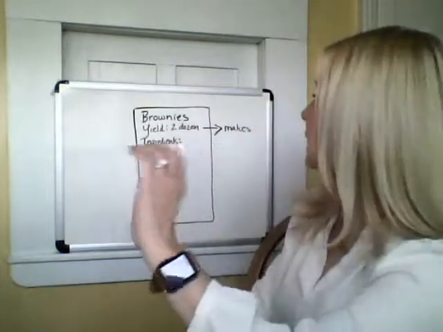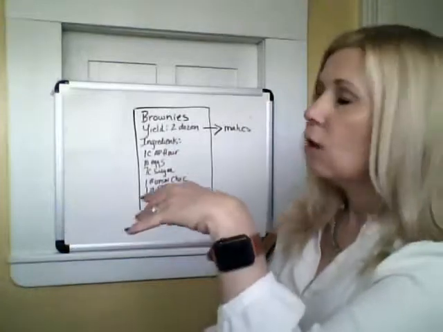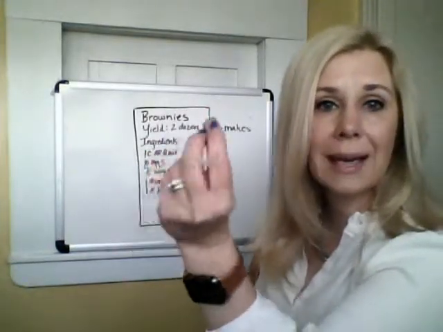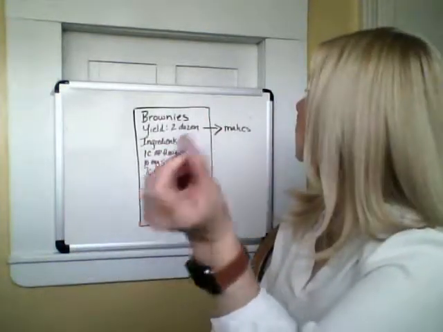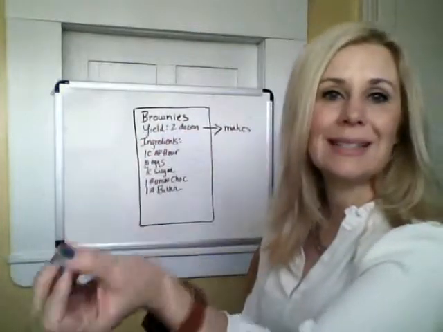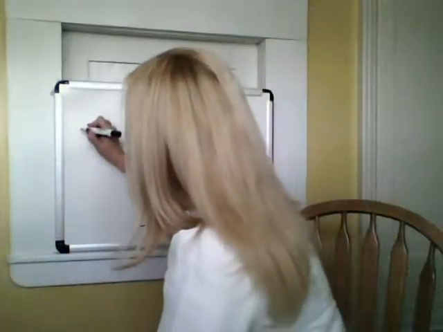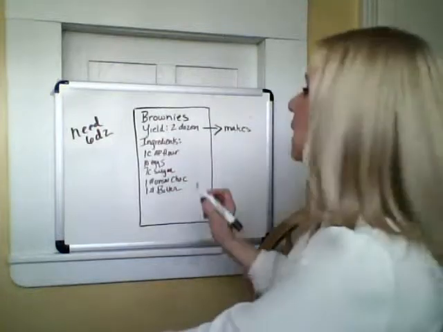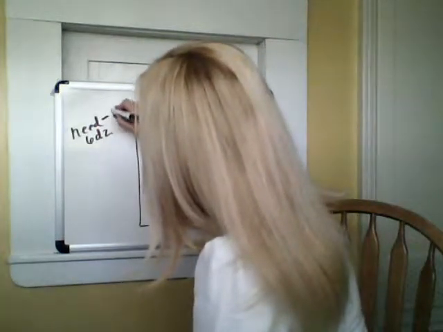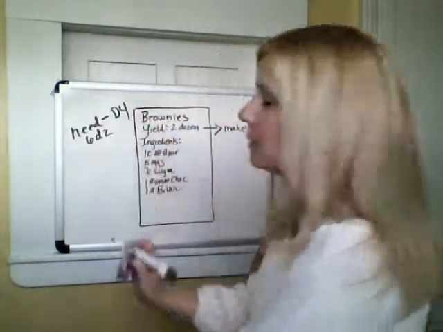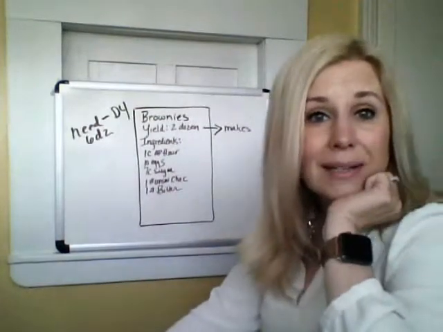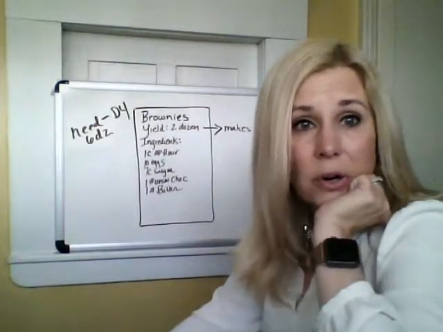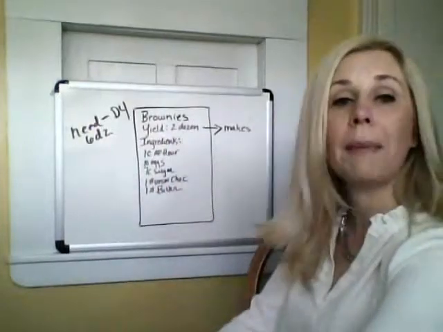Now let's say that it says, for a party you are catering, you are going to need 6 dozen brownies. So now we see the word need. Need is going to be desired yield, because that's how much you desire this recipe to yield or make.